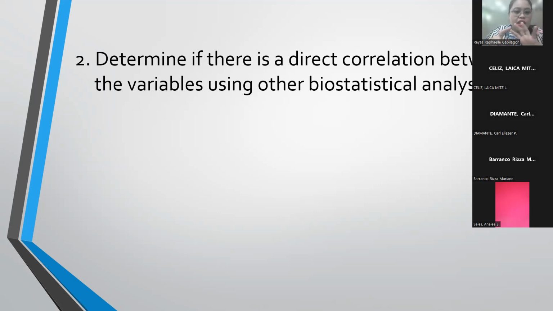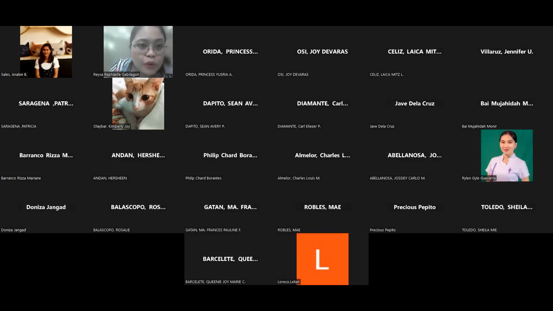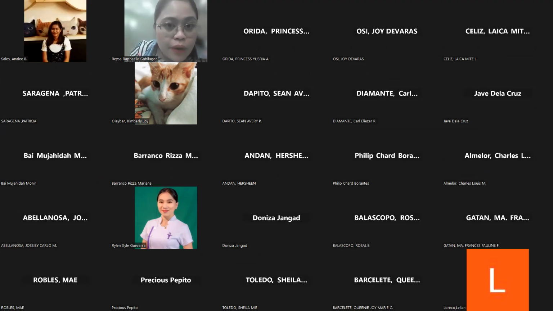In this activity, you have the tail, the length of the tail, and also the weight. You may answer this one using the Pearson R correlation. If you can still remember how to use the JASP software, you may do that, or you may really do the manual computation ng Pearson R. So like balikan nyo yung past lesson nyo.